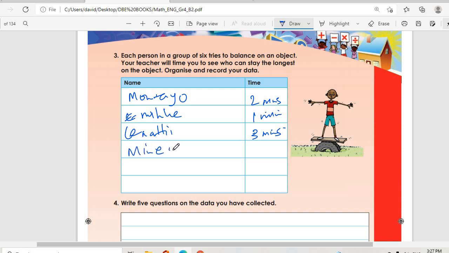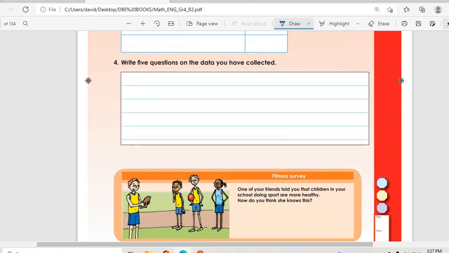Maybe 4 minutes, on and on. Write 5 questions on the data you have collected. This one you can do at home. You just try to complete it in your books. You can just do the same as what we did from the question above. You can formulate questions. Your number 1: who stood the longest on that object?